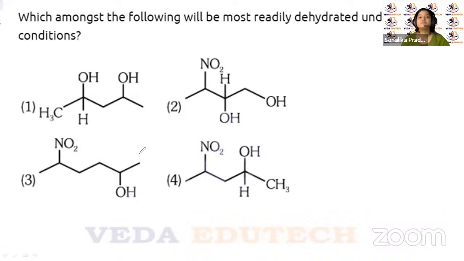It asks which one will be the most readily dehydrated under acidic conditions. So which one will undergo dehydration?